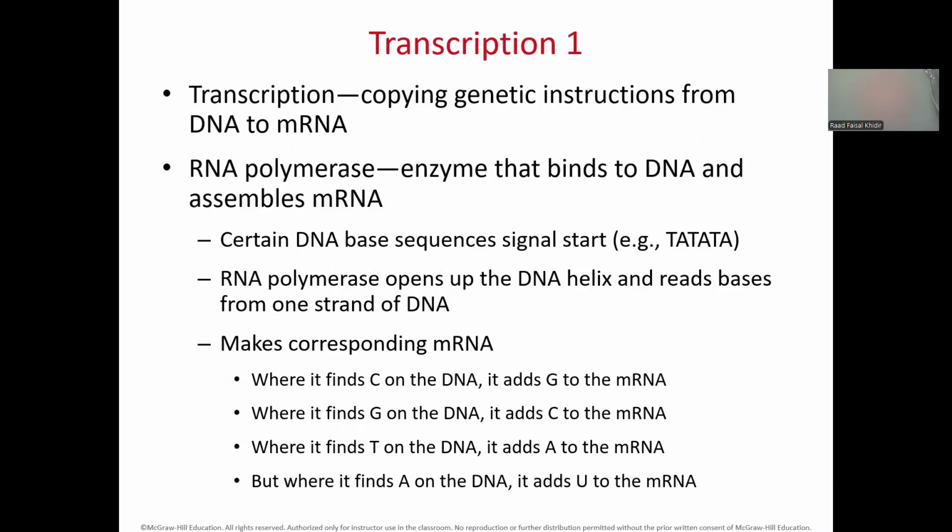The RNA polymerase, making RNA, when it sees an A, is going to put a U, because mRNA doesn't have a T. But the DNA polymerase has a T, so when it finds an A, it's going to put a T. So that's the difference between DNA polymerase and RNA polymerase.